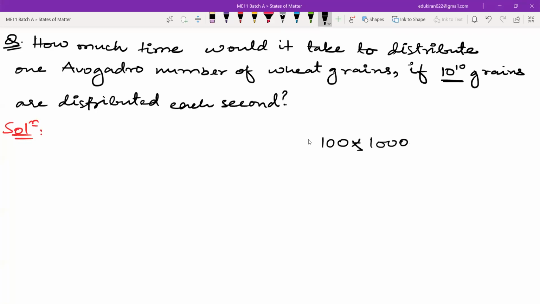I mean 100 into 1000 years. Okay, what about you, Hamza? Sir, how much time will it obviously take? Years. Okay, and how many years? Like million years. Million. 10 to the power 6. Okay. हाँ 10 to the power 6 होता है.